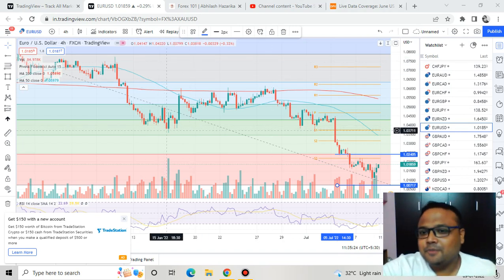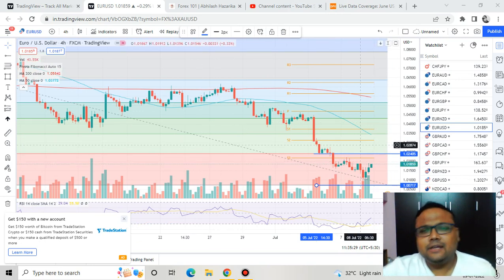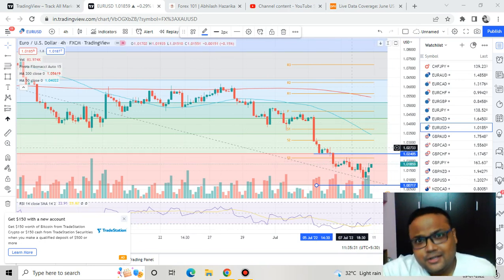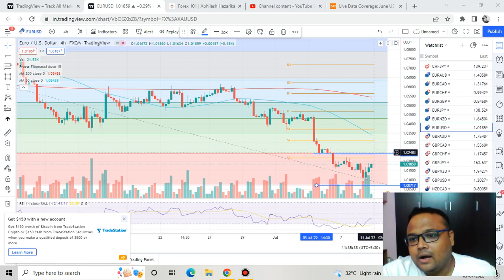Okay, so after the NFP yesterday, we saw that there was some sort of recovery on the chart of Euro USD, and Euro USD's last traded price is 1.0185.